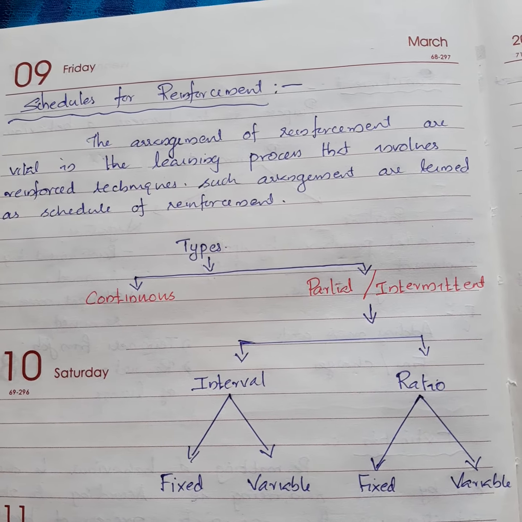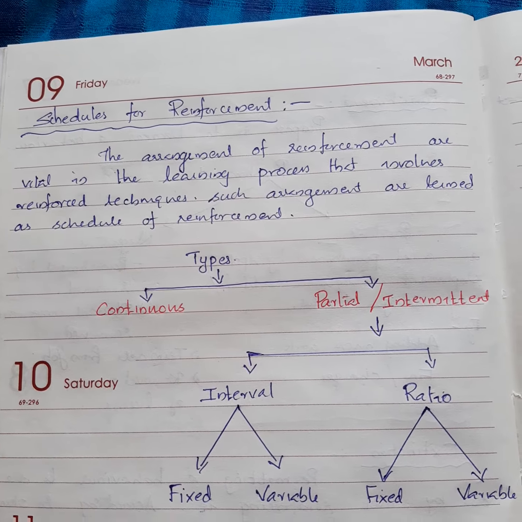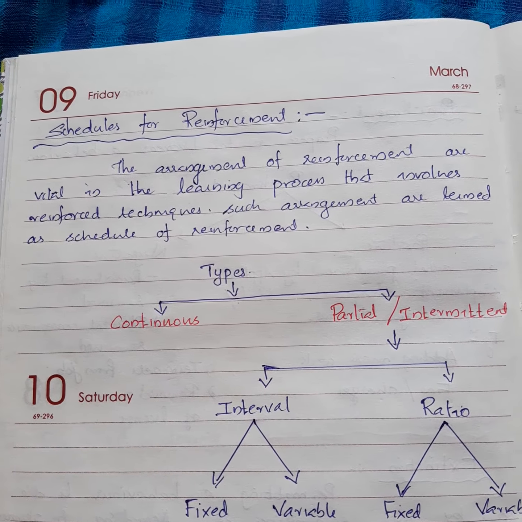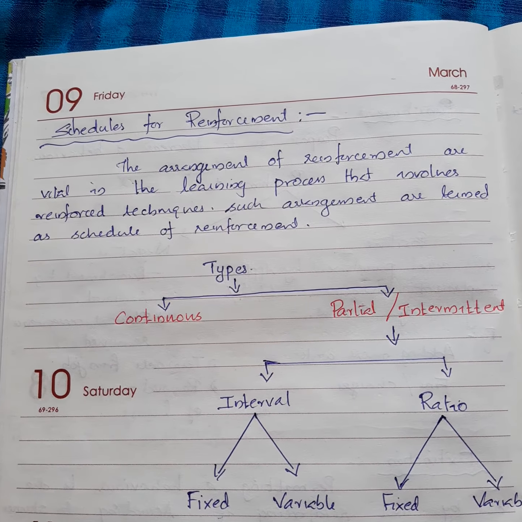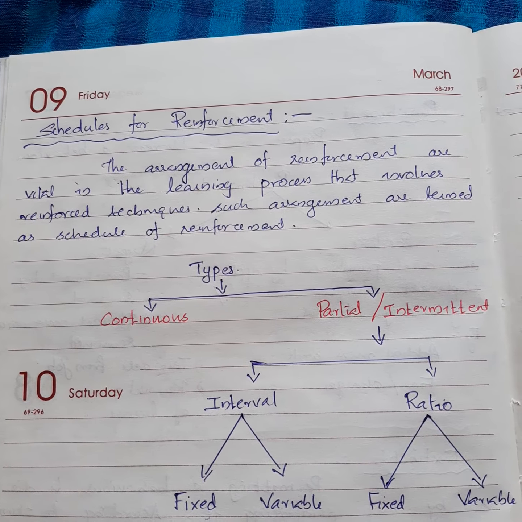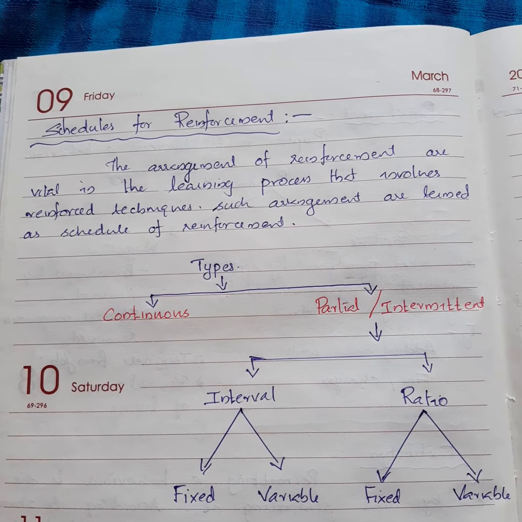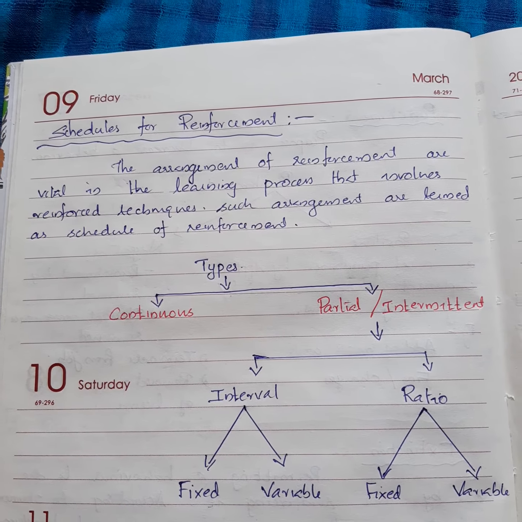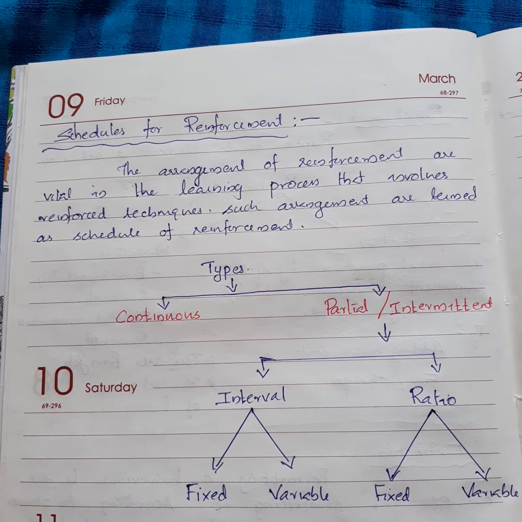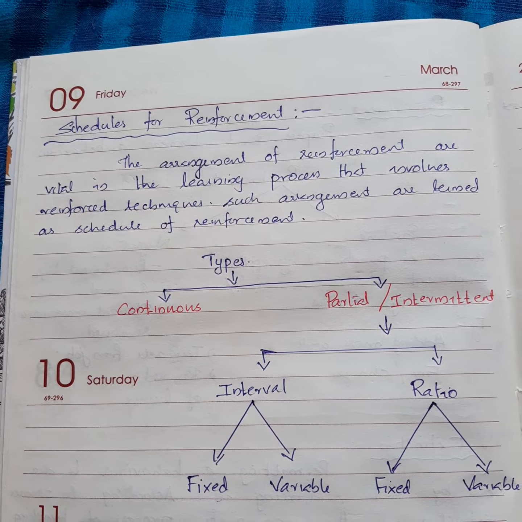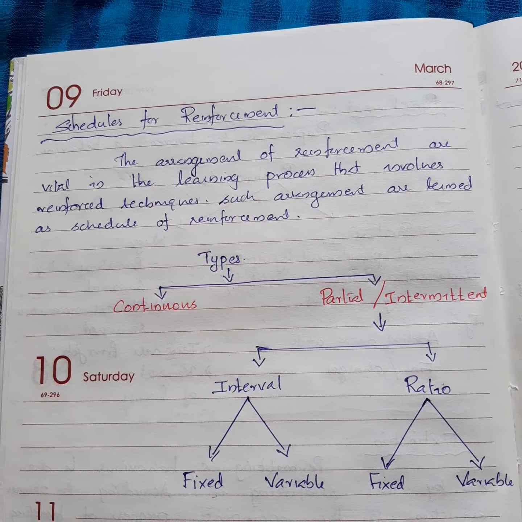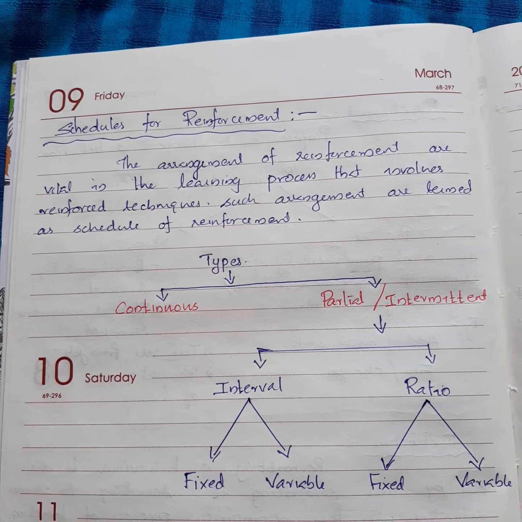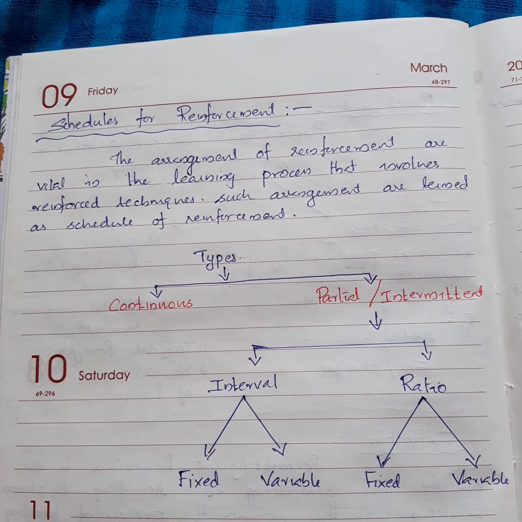Now, schedules of reinforcement. The arrangements of reinforcement are vital in the learning process that involves reinforcement techniques. Such arrangements are termed schedules of reinforcement. Generally, there are two types of schedules of reinforcement. First one is continuous and second one is partial or intermittent.